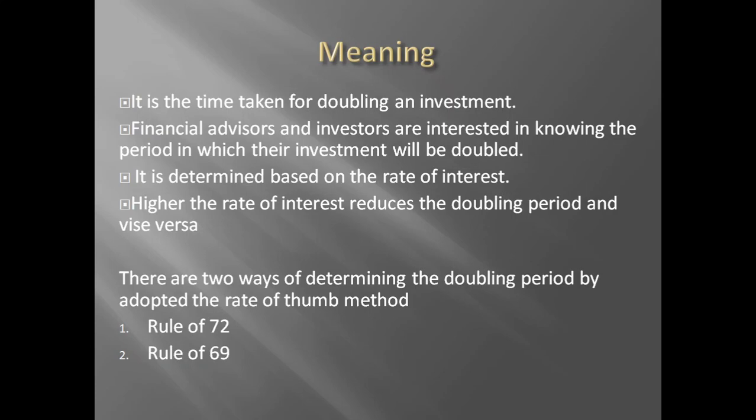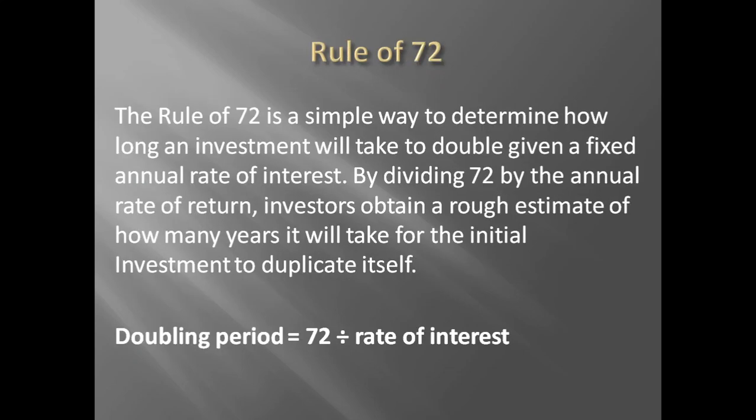Now, students, we will see what rule of 72 says and how we can calculate the doubling period under rule of 72. The rule of 72 is a simple way to determine how long an investment will take to double for a given fixed annual rate of interest.